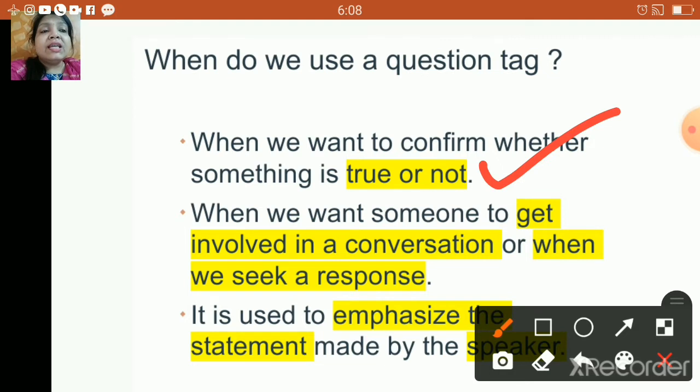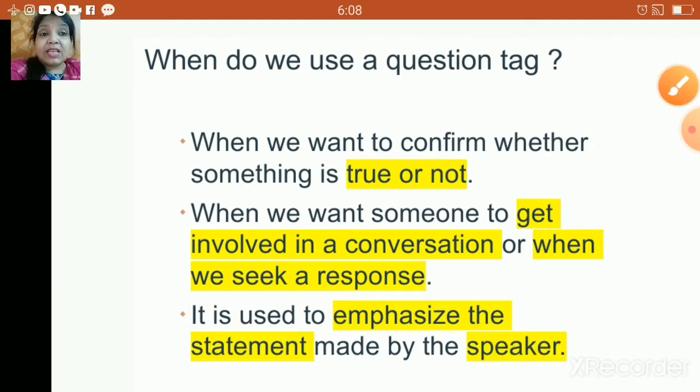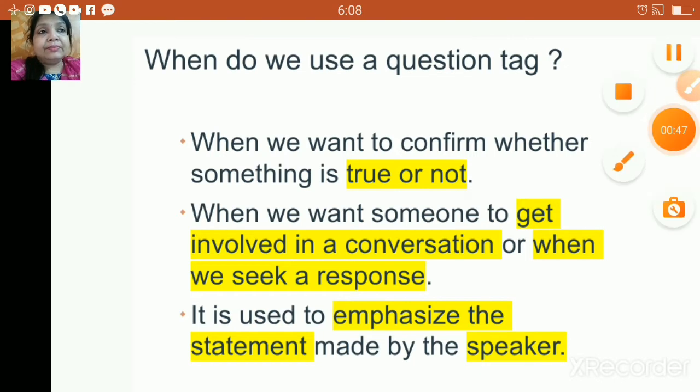Now, question tags are also used to emphasize the statement made by the speaker.